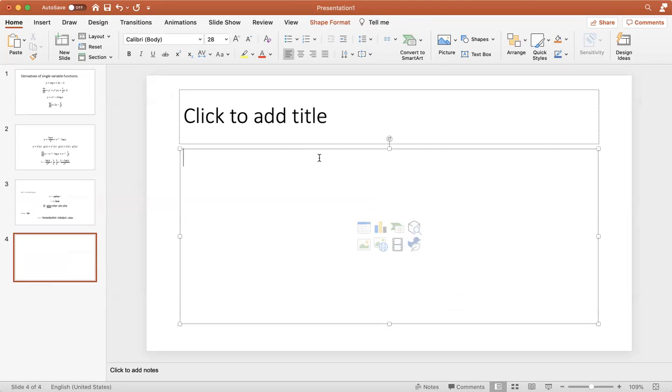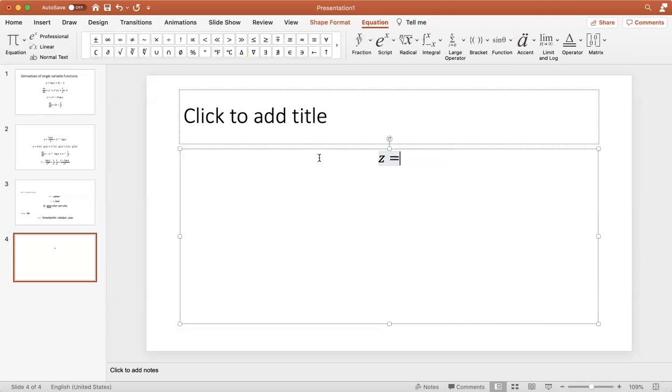Suppose you have a function z, which is composed of u squared minus 1, cubed, all right?